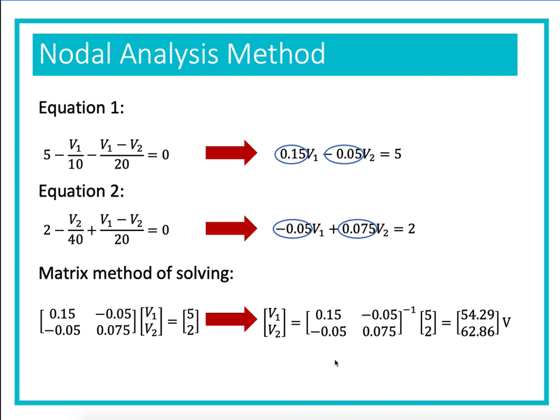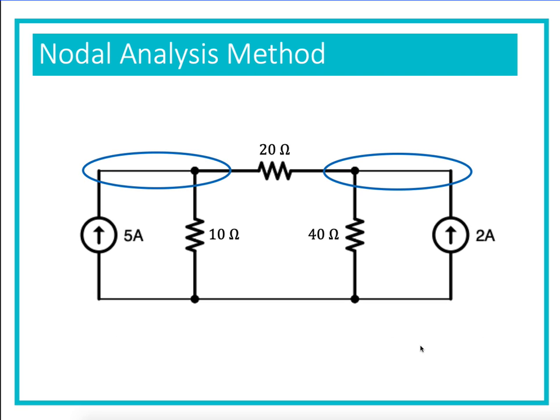So we go back to our original circuit now that we've got these 2 values, and we go ahead and put them in. But how do we know those are right? We really don't have a good way of just looking at the circuit and telling that they're right. And I will tell you from experience that if you even get one sign wrong in your equations, you will definitely get answers, but they won't be correct.